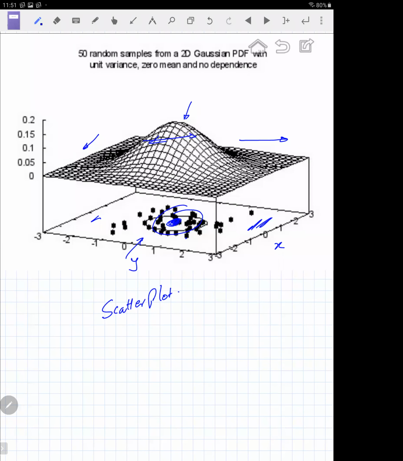Sometimes you want to connect all the regions where the probability is the same. So for example, imagine if I were to cut this plot with a horizontal saw perfectly in this direction.